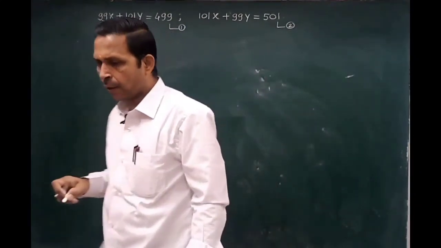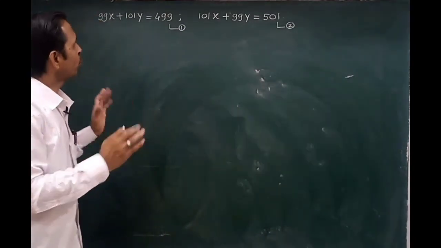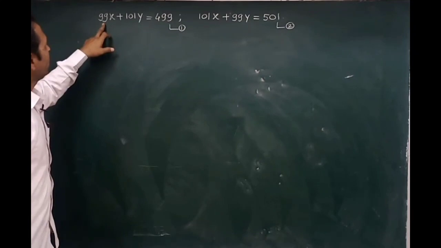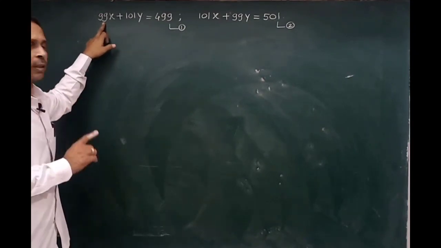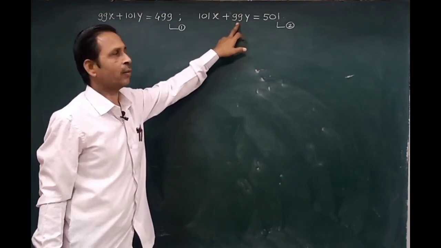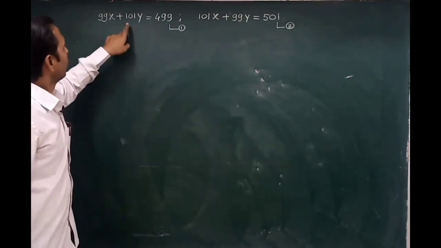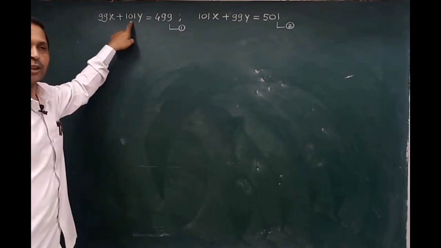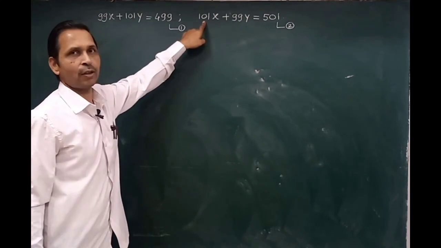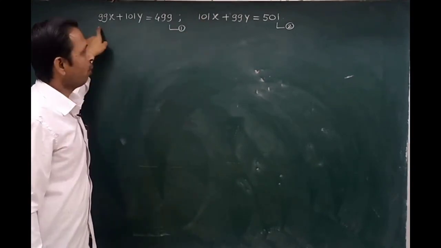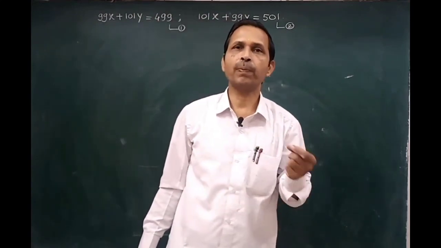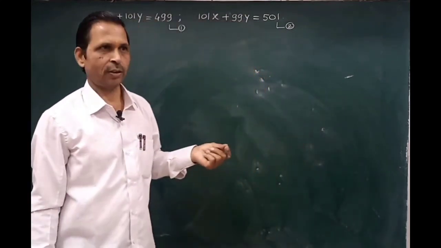Now when we observe these two equations, the coefficient of x in the first equation becomes the coefficient of y in the second equation. The coefficient of y in the first equation becomes the coefficient of x in the next equation. Means here the coefficients of the variables are interchanged.